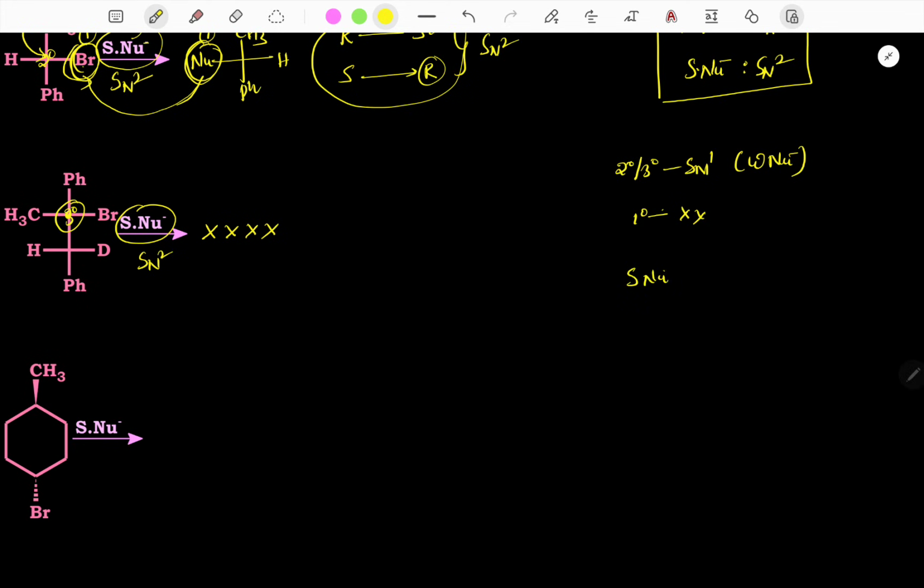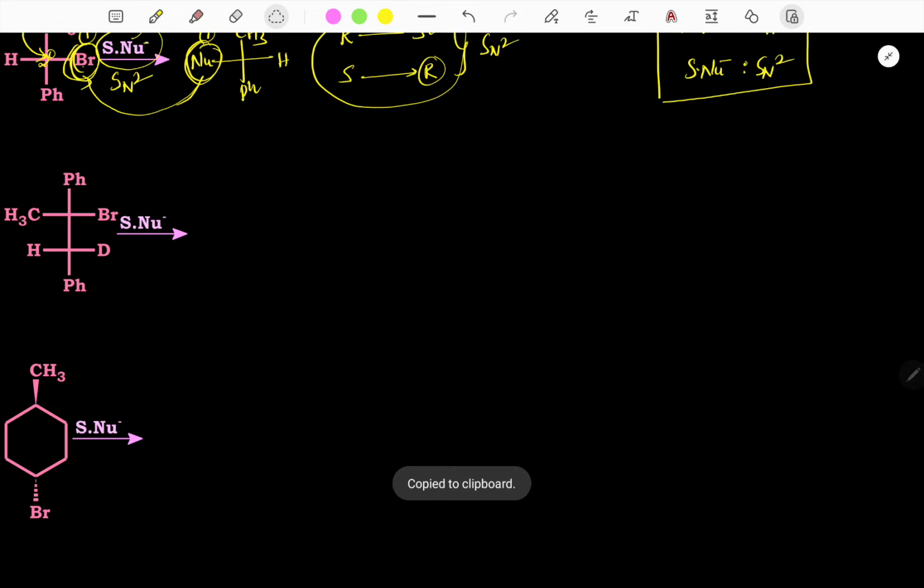In the presence of a strong nucleophile, primary and secondary prefer Sn2 and tertiary practically no reaction. So here, strong nucleophile, we expect Sn2 but it is a tertiary carbon, so no reaction.